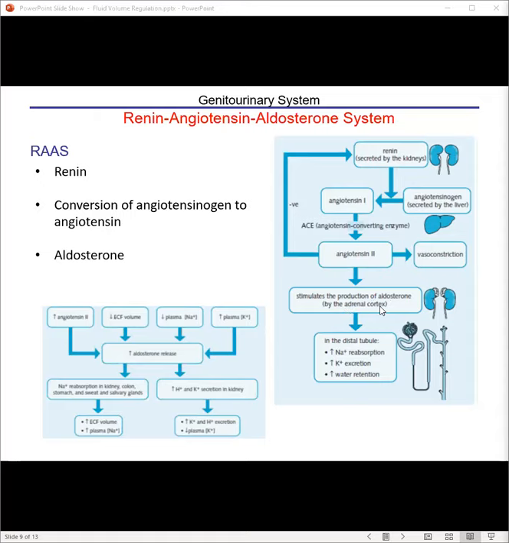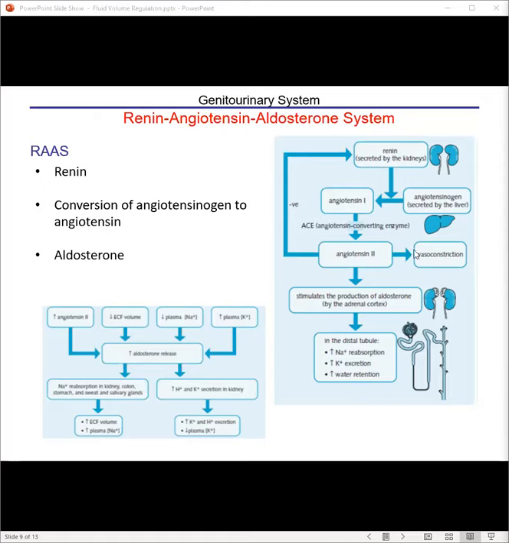Aside from its stimulatory effect on the adrenal cortex to release aldosterone, your angiotensin 2 has other effects also. So remember, it has also other effects. And what are the other effects? It also directly vasoconstricts blood vessels, particularly within the kidney. No?